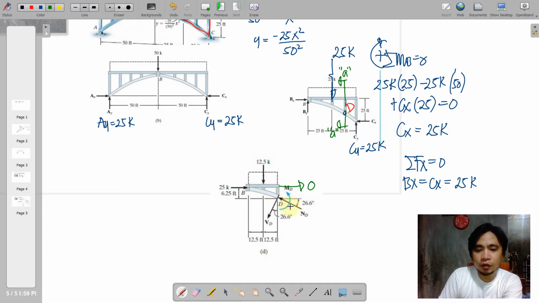So if we are going to determine all of the forces transmitted on the bent member here, we need to indicate the shear that is perpendicular to the member, and the normal force that is parallel to the member at point D. And of course, there will be a bending moment at point D. And so the bending moment could be derived by the three equilibrium equations, as well as VD and the normal at D. So VD is the shear at D and ND is the normal at D at this particular point.